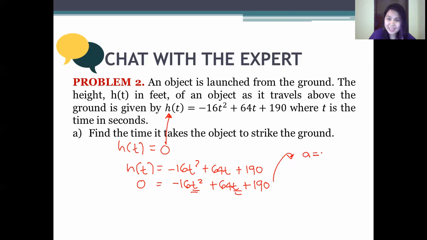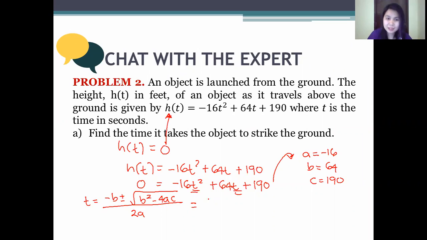Our A is -16, our B is 64, and our C is 190. So let's solve for t. Actually, t is the same as x. Negative b plus and minus the square root of b² - 4ac, all over 2a.